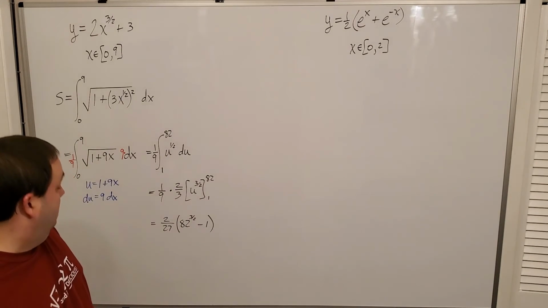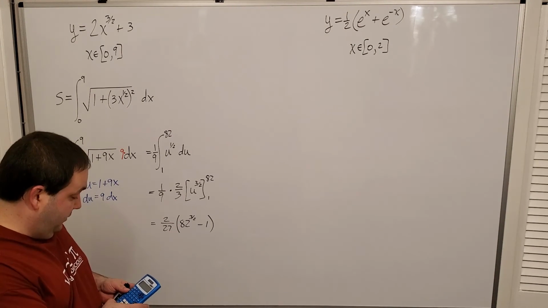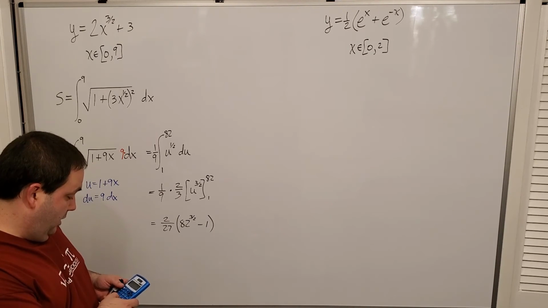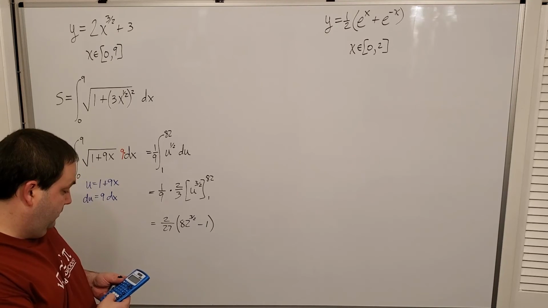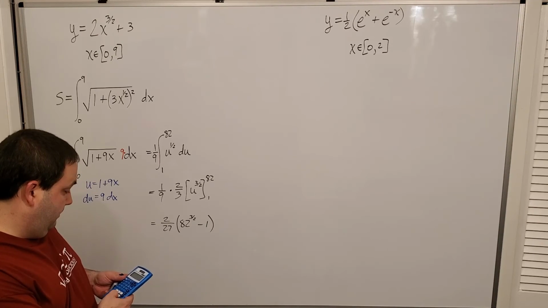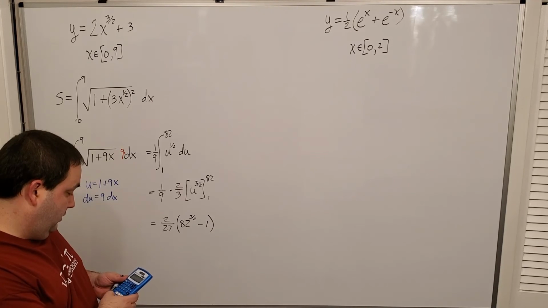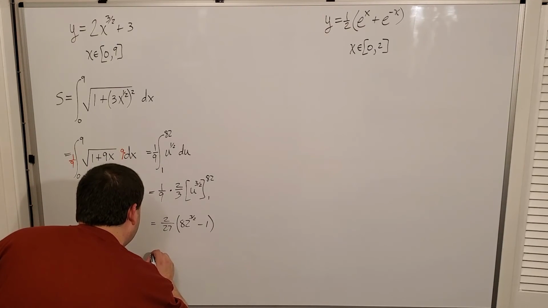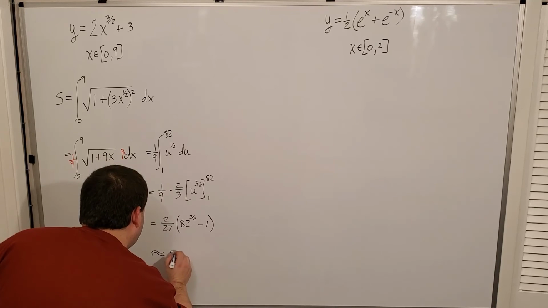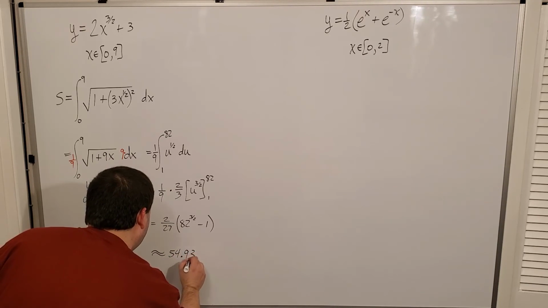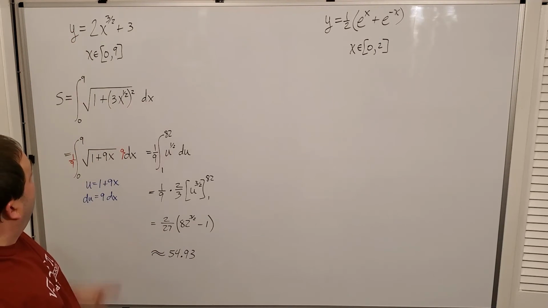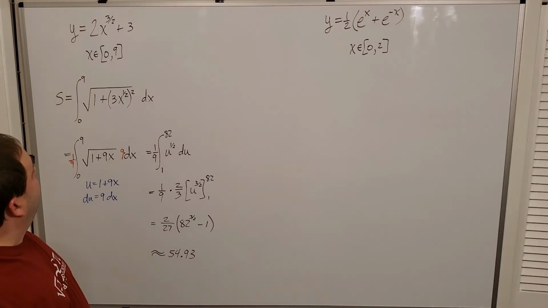I certainly don't want to try and do 82 to the 3 halves by hand. So 82 to the 3 over 2 minus 1 times 2 over 27. 54.93. Right? Is the length of that curve on that interval.